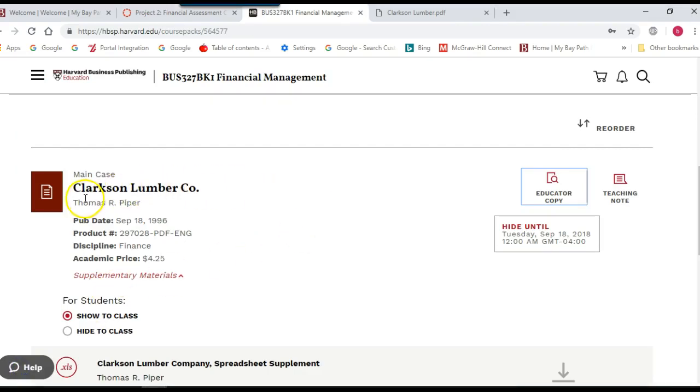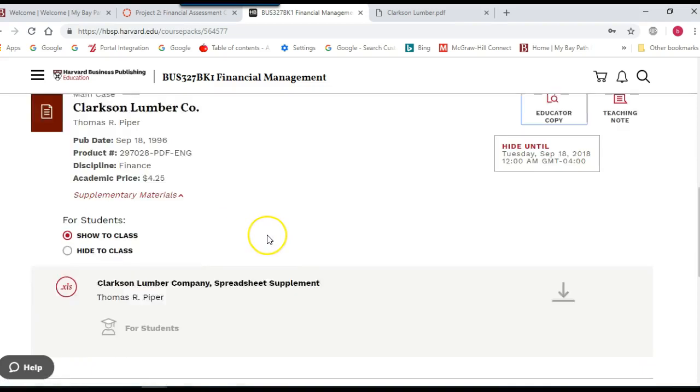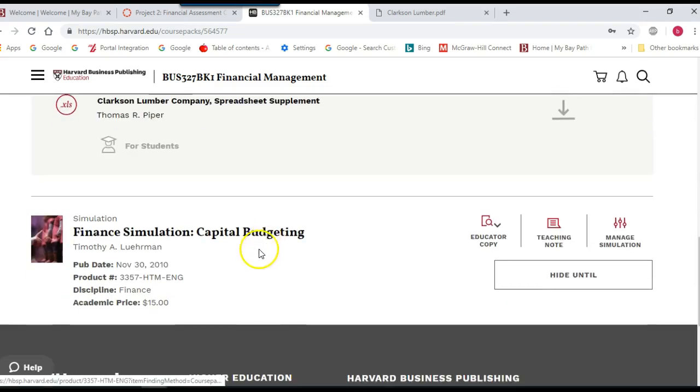This is the case study, the Clarkson Lumber Company. The final case study will be this finance simulation. Many of you will try to get into the simulation and get a note that the professor hasn't assigned a simulation yet. I have not set this up yet for the students.